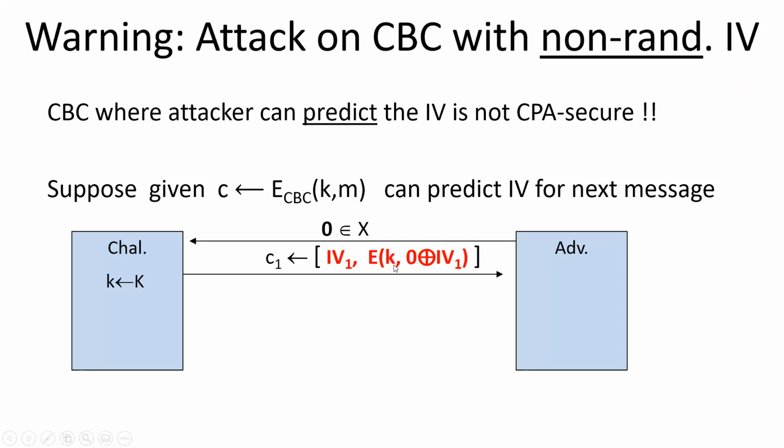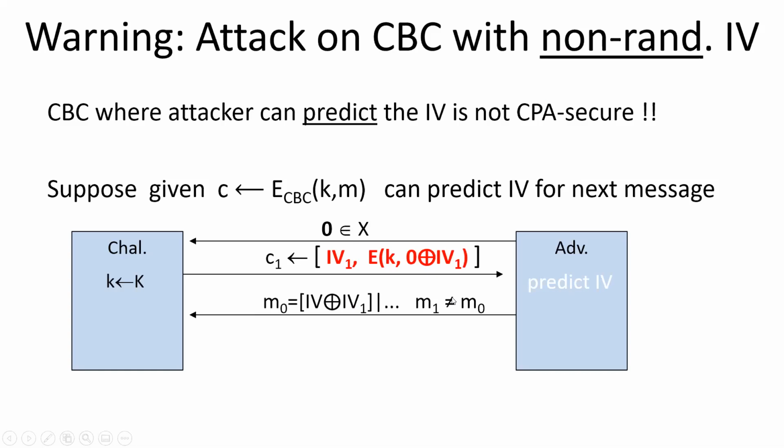So he takes this block and XORs it with an IV, and that's what he encrypts. Now, let's say that the attacker predicted the next IV, and he sends 2 challenge messages. This was a CPA query, the chosen plaintext. The adversary knew the plaintext he wants to see an encryption of, and this is a challenge query.